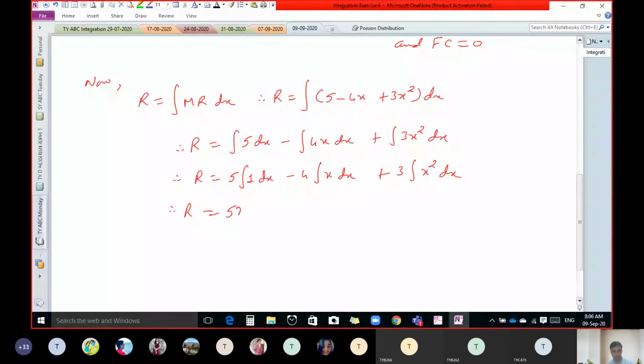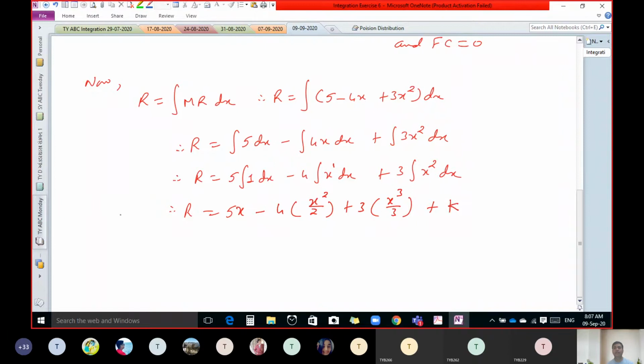X. Integration of x is? X square by 2. Correct. The power of x is 1. And here x cube by 3 plus constant.